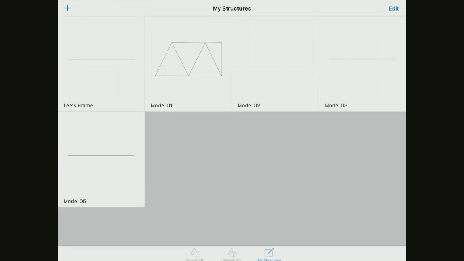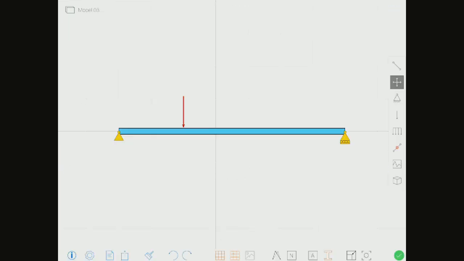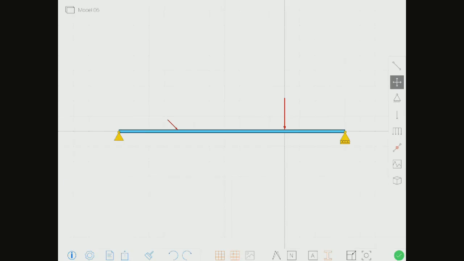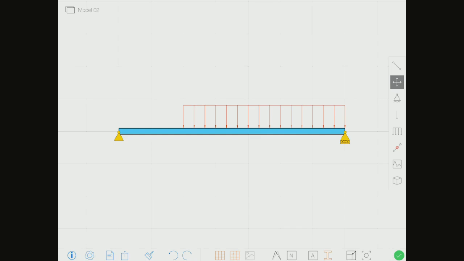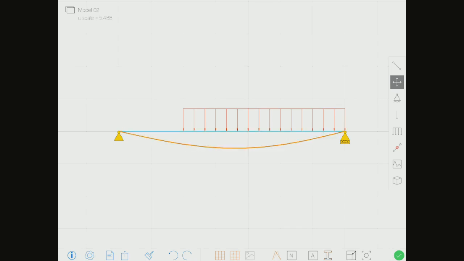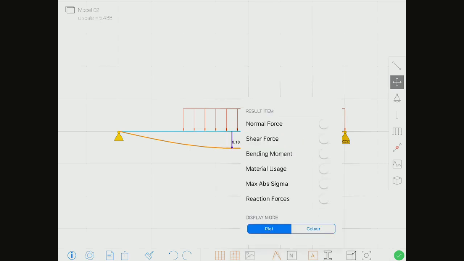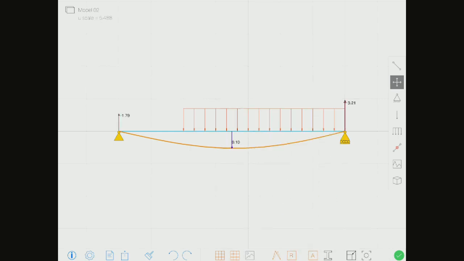Should have shown you. Okay, so this is the problem. So this is how it is going to deflect, and the reaction forces would be like this, 1.79 and 3.21.